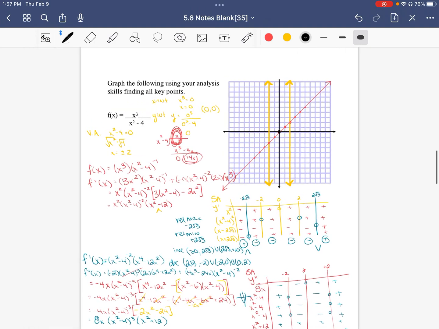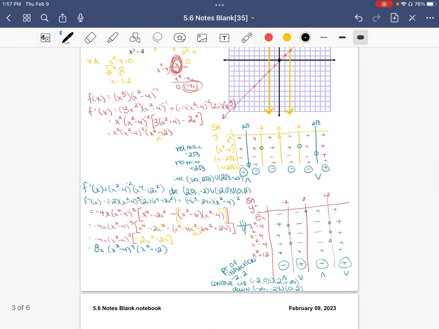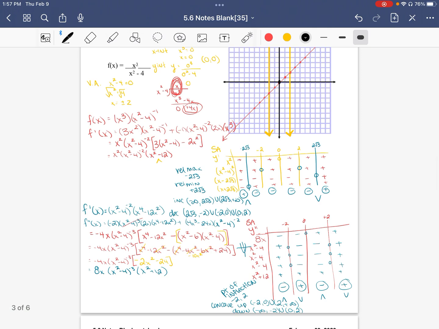So let's go. Okay, so we're increasing and concave up from, so increasing and concave up. Oh, that's a very large point. I didn't want that. So increasing and concave up. We know that at -2, this is where our asymptote is. Same here.